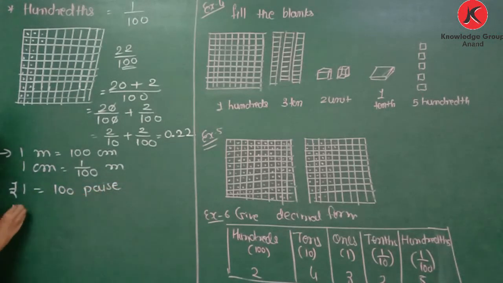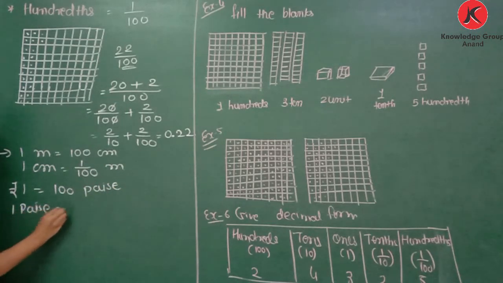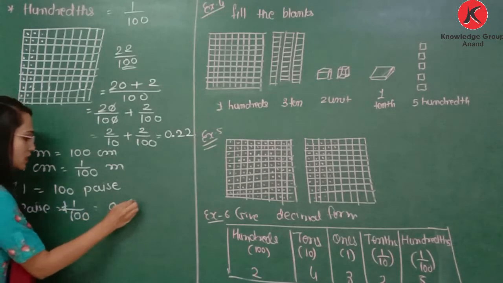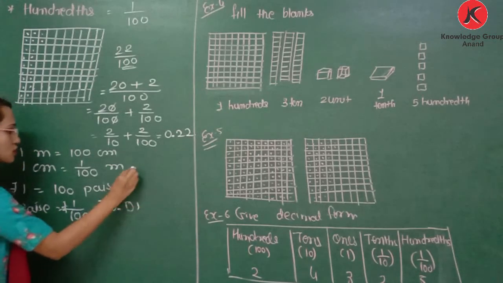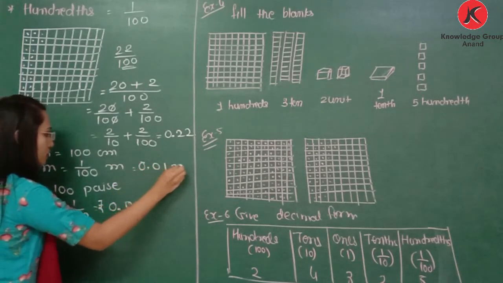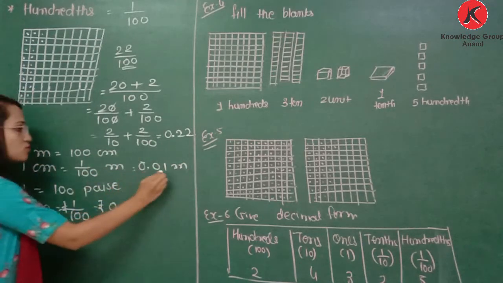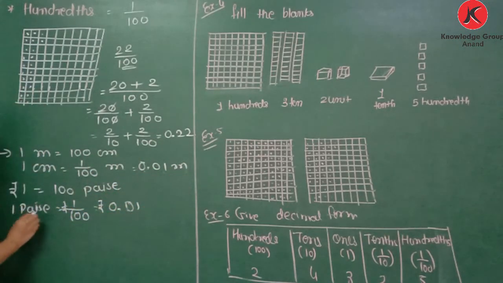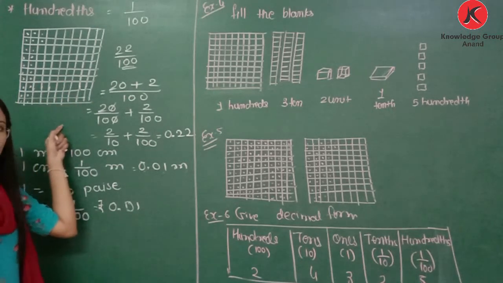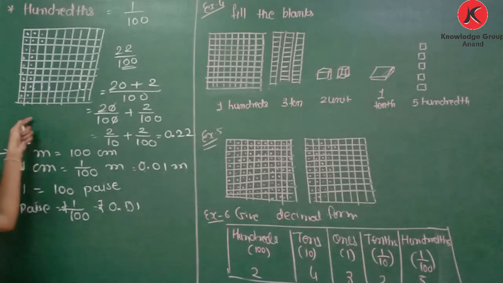So 1 paisa is equal to 1 by 100 rupees. So this is what? 0.01 rupees. This is also 0.01 meter. So 1 centimeter is equal to 0.01 meter and 1 paisa is equal to 0.01 rupees. So if we represent any part in 100 equal parts, each part can be represented as 1 by 100, 2 by 100, 3 by 100.